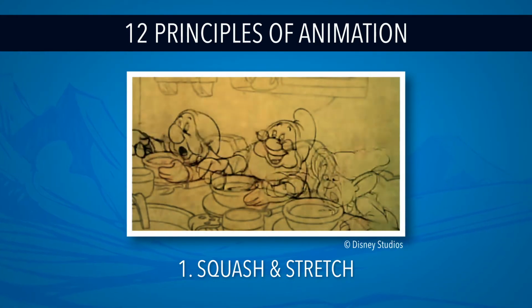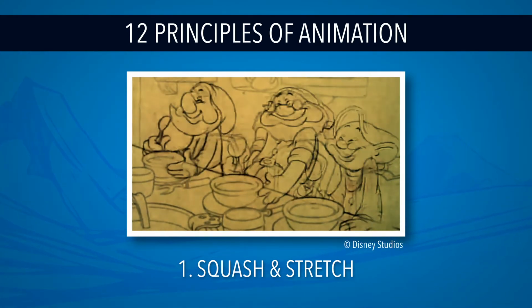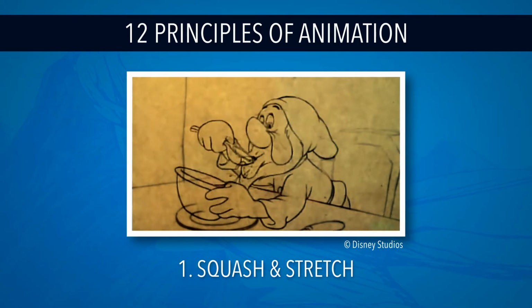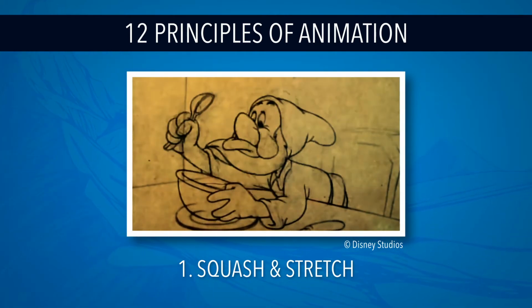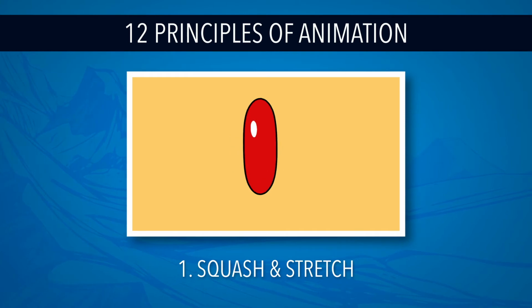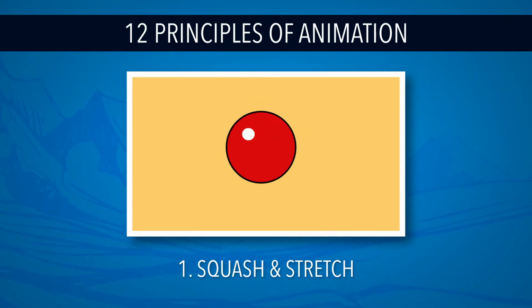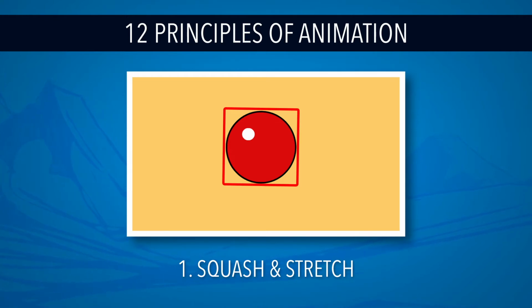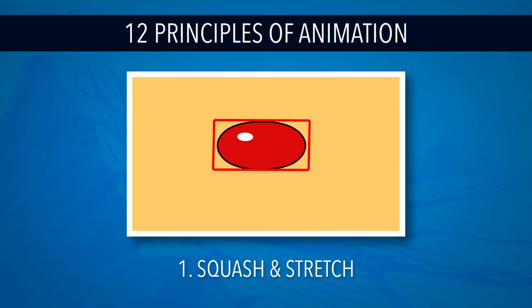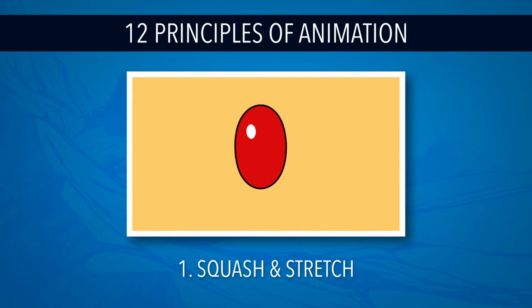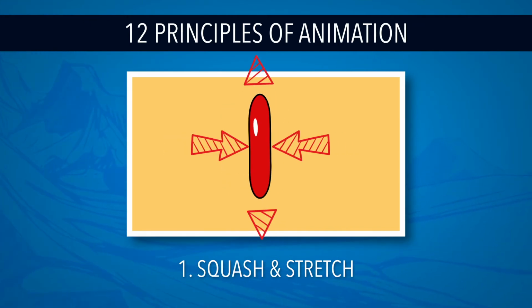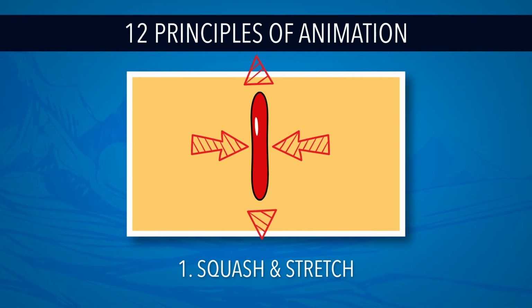For example, characters that stretch beyond what they're supposed to give it a comical effect. In realistic animation, however, the most important aspect of this principle is that the object's volume does not change when squashed or stretched. If the length of the ball is stretched vertically, its width needs to contract horizontally.